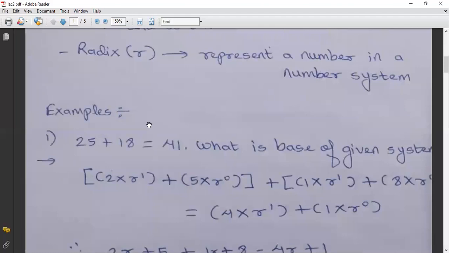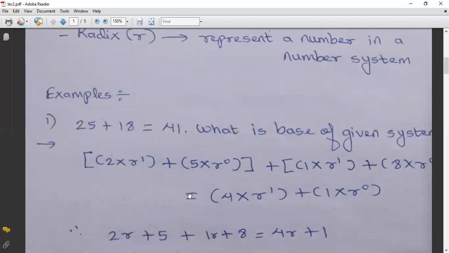Now we have this system, that is 25 plus 18 equal to 41. Here we need to find out the base of the given system. So how are we going to find it? Let us see. Now we will consider the number 25 first. We know that the place value of 5 is R raised to 0 and the place value of 2 is R raised to 1.